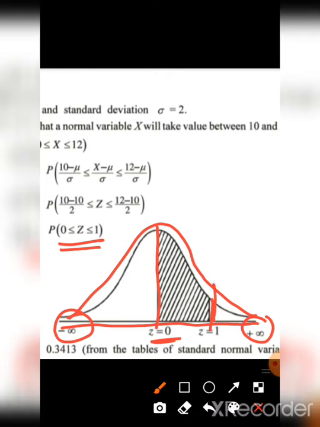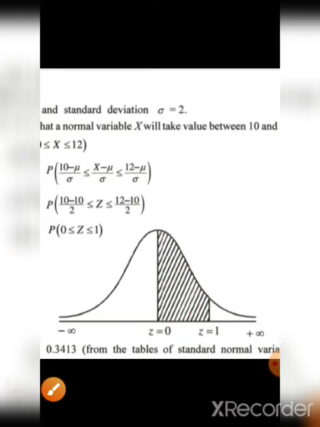So this shows that we need to find the area between 0 and 1, and that is what they have shaded. This is how the diagram could be drawn, and you also have marks for your diagram. Now in the standard normal curve table, we need to find the value of 1.